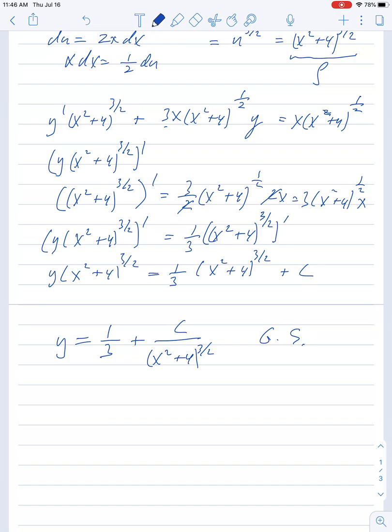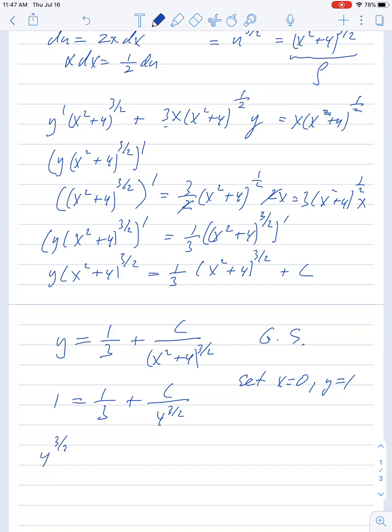Now we need to remember our initial condition: y of 0 equals 1. So we set x equals 0, y equals 1. What will be the result here? 1 equals 1/3 plus c over 4 power 3/2. 4 power 3/2 we can compute without calculator.